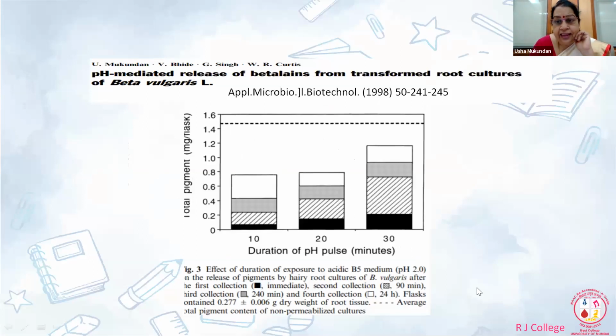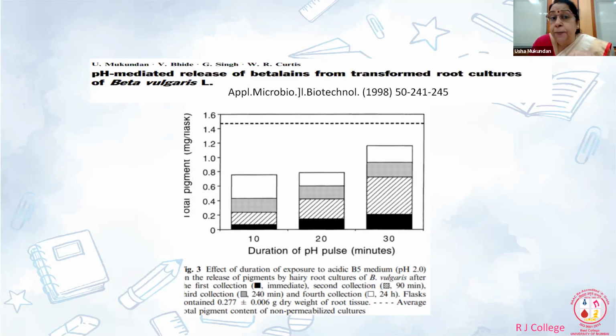Now this is again, as I mentioned, from our article, where we use pH. If you recall, I said that alkaloids are trapped in the vacuole by a mechanism known as ion trapping. So we felt that since the betalain is accumulated in the vacuole, what if we alter the pH?